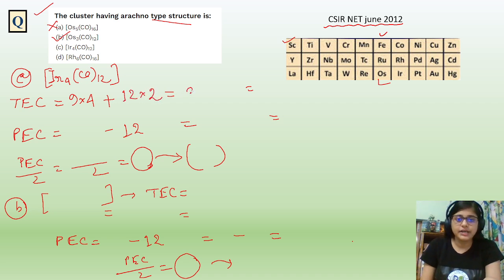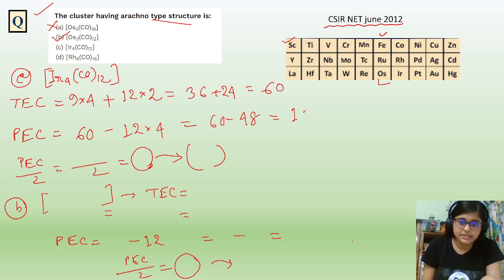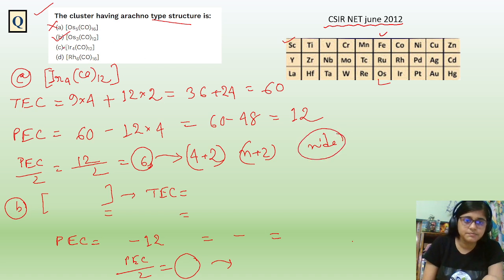Right. So 36 plus 24. That means it will be 60. And PEC is 60 minus 12 into 4. 60 minus 48. That means it is 12. PEC by 2 is 12 by 2, that is 6. And here n is 4. So 6 is 4 plus 2, like n plus 2. That means it is nido. Obviously it is not the correct option.